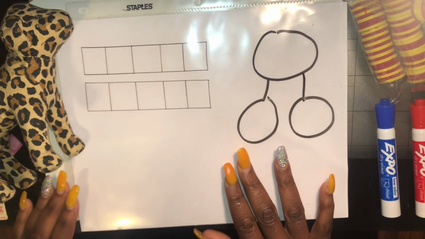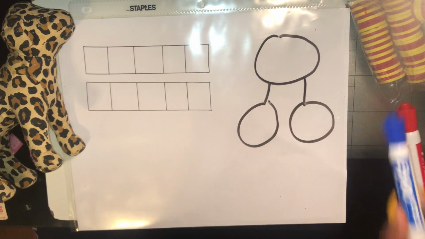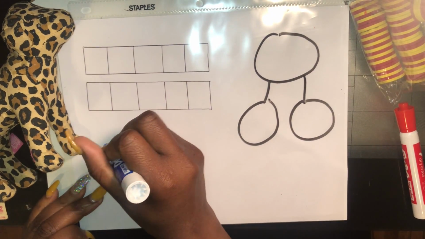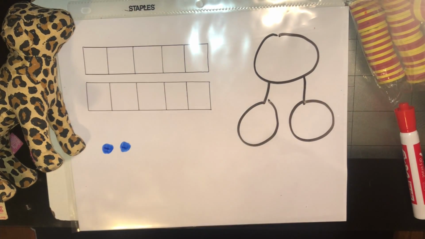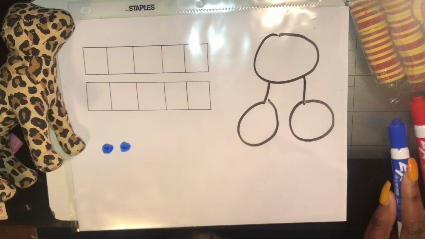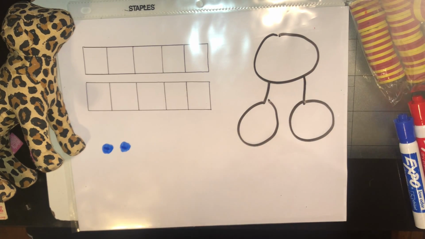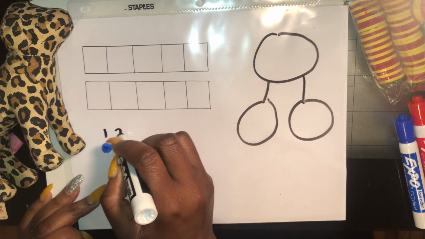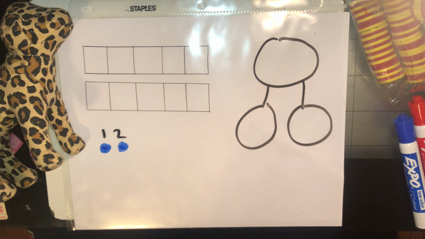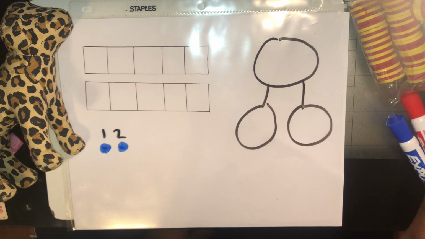So let's pretend that I have 2 dots. I have 2 dots. How many more dots would I need to make 10? So I have 1, 2. Can you tell me how many more dots would I need to make 10? One way that I could do that is by just adding some more dots.